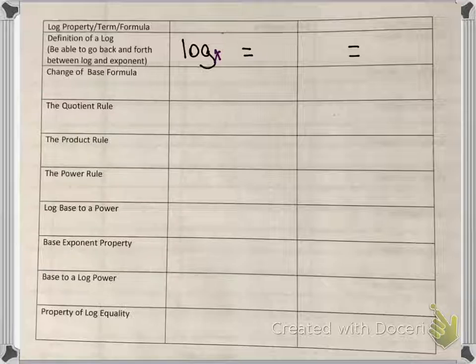That base is the same base as when I have an exponent. So x is what I'm raising to some power. I have x raised to the b power. That is going to be my answer in a log.